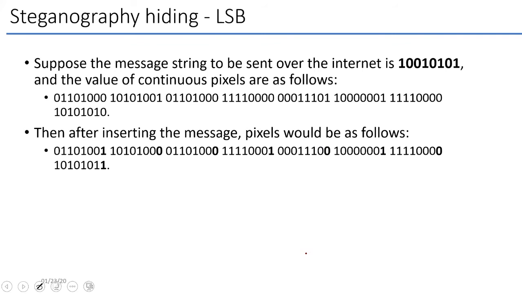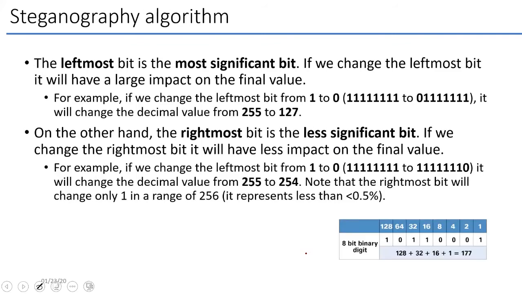For example, as I told you, if I change this value from 1 to 0, it will have a lesser effect. What I'm going to do is read each and every pixel in red, green, and blue and change only the least significant bits, 1 to 0 or 0 to 1.